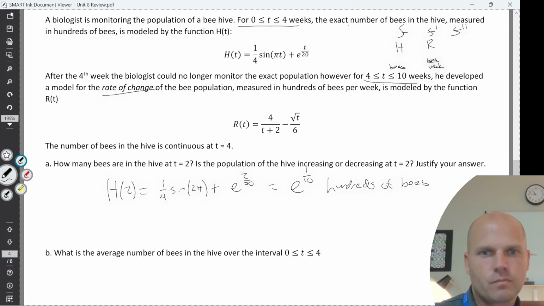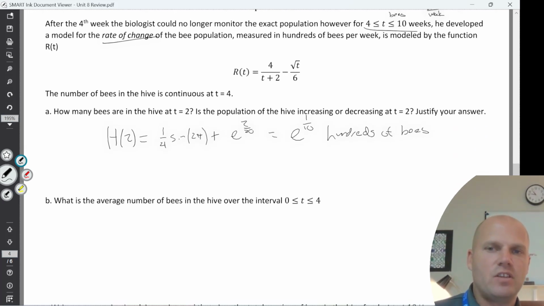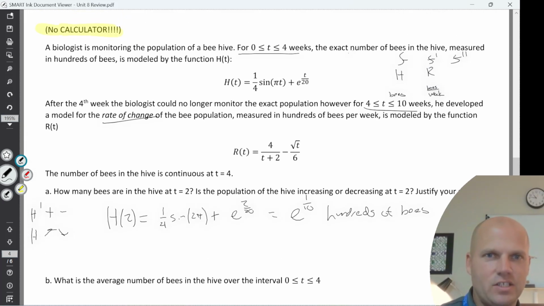We're good. Is the population of the hive increasing or decreasing? We've got to look at its derivative. Great. So we need to actually take the derivative of h.